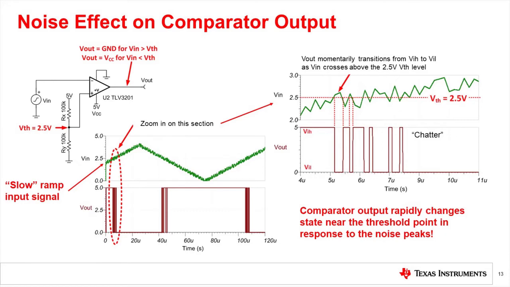In this example, the threshold when increasing is set to 2.7 volts, and the threshold when decreasing is set to 2.3 volts. This 400 millivolts separation of the thresholds sets the amount of hysteresis in the circuit. The thresholds are set by the values of the resistors in the voltage divider and by the feedback resistor going from the output to the non-inverting input.